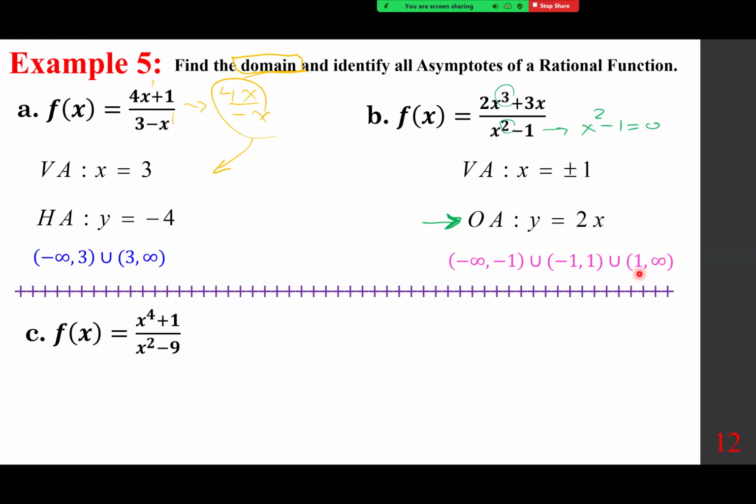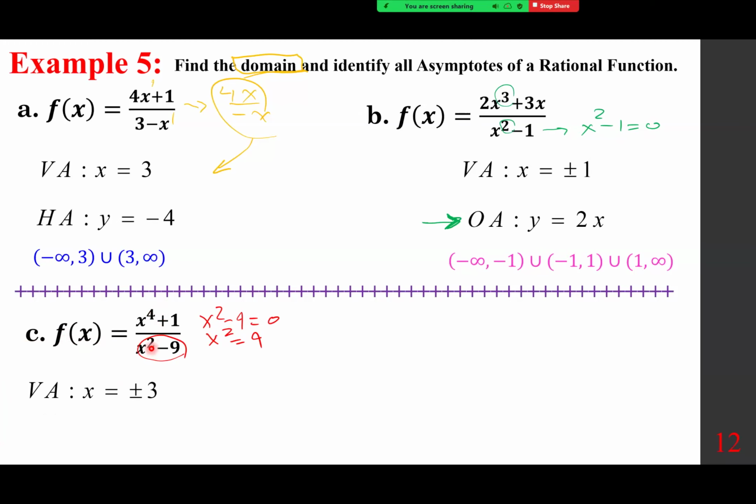All right, let's look at this one. Vertical asymptotes. Set this equal to 0, x is plus minus 3. The degree of the numerator is larger than the degree of the denominator by 2.